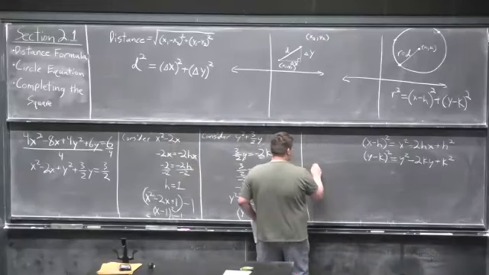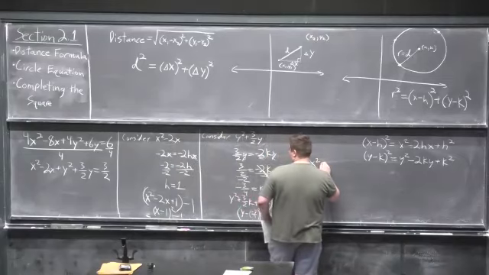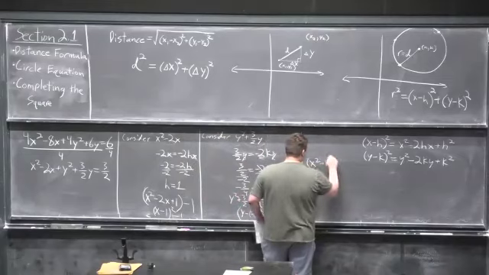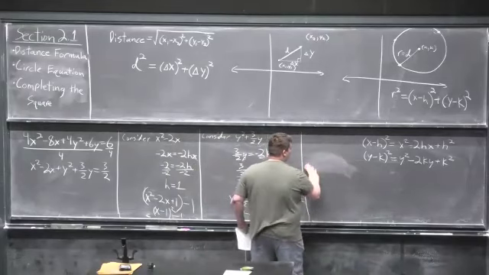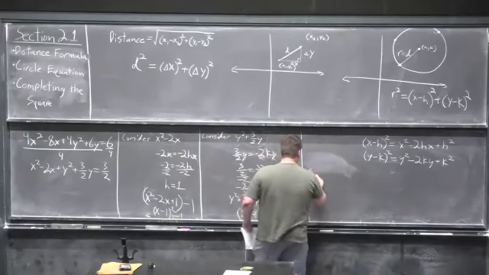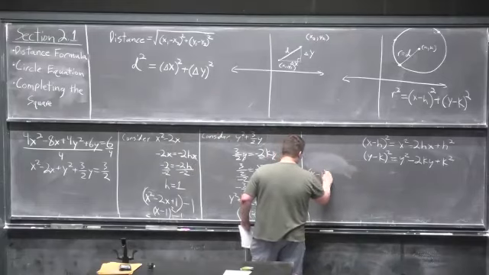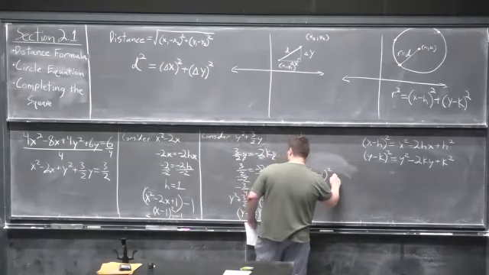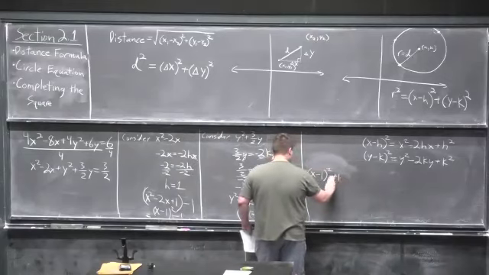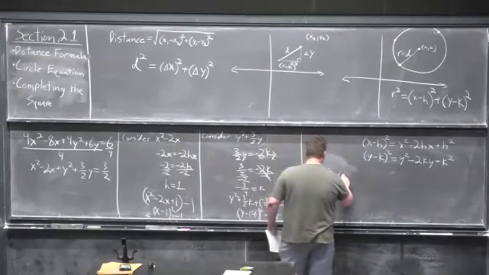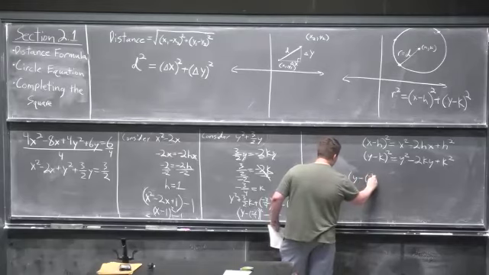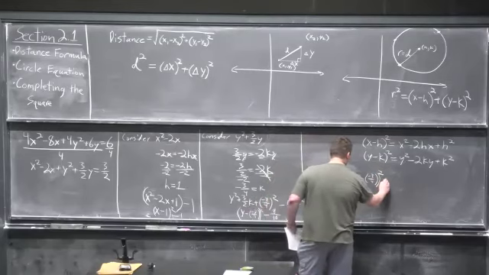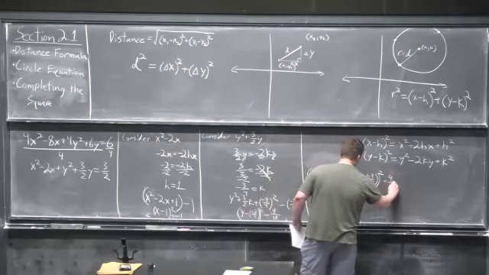And we get x minus 1 quantity squared, minus 1, plus, well, we're going to have y minus negative 3/4 quantity squared, minus 9/16.